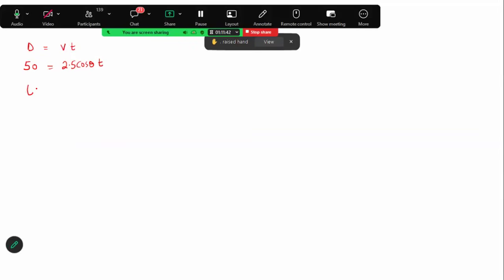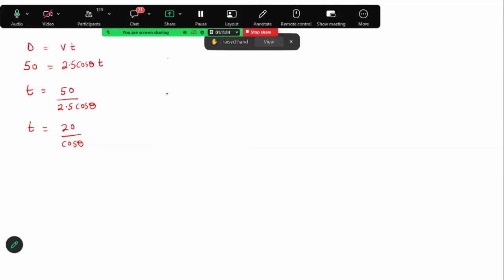It means that our time is going to be 50 divided by 2.5 cos of theta. Now, when you divide, you'll have 50 divided by 2.5, which gives us our time equals 20 divided by cos of theta. Now, this is the time we are going to have.